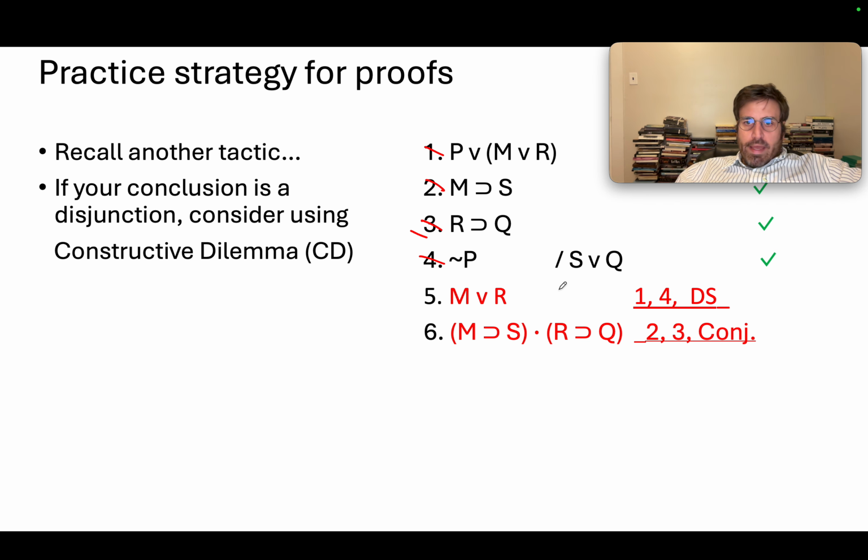Now see if we can't conclude the argument with our rule. How are we going to use lines 5 and 6 to get to our conclusion, either S or Q?